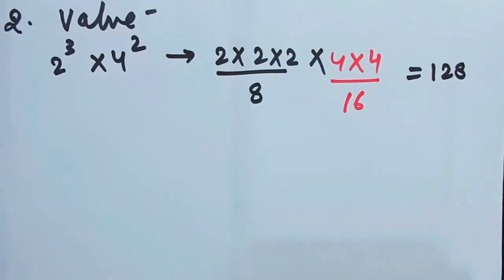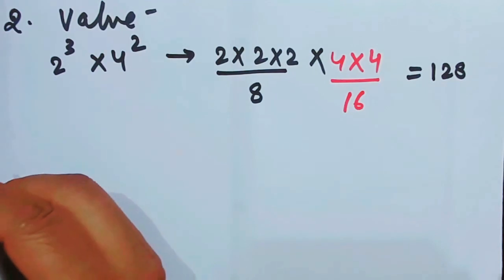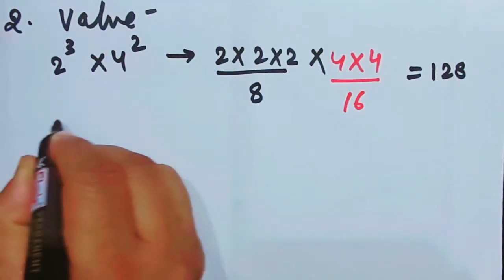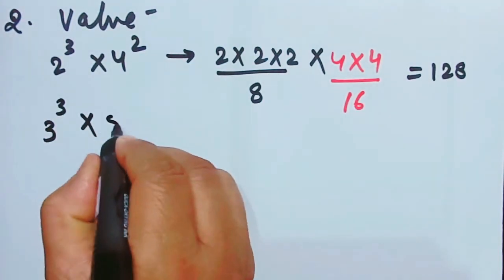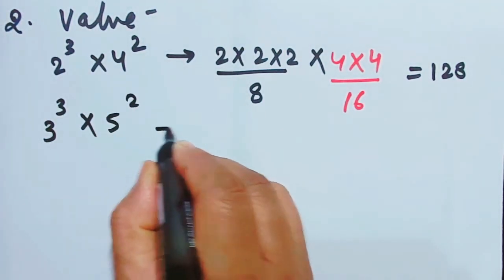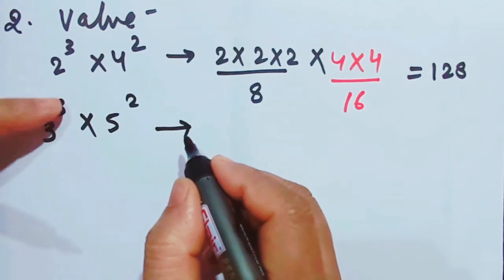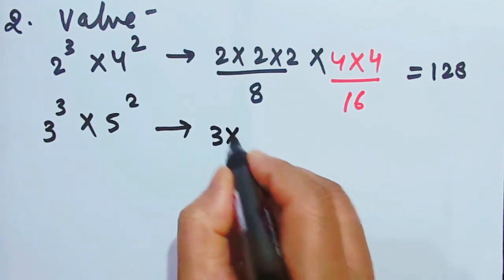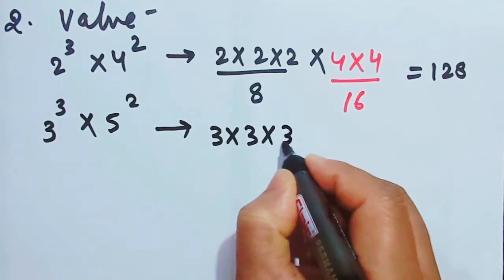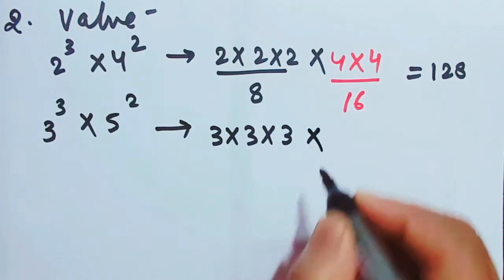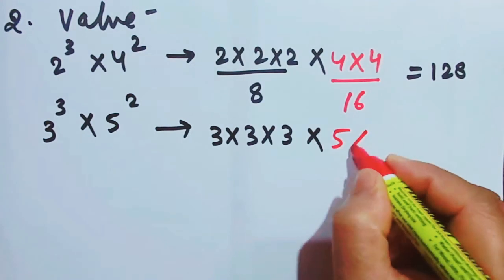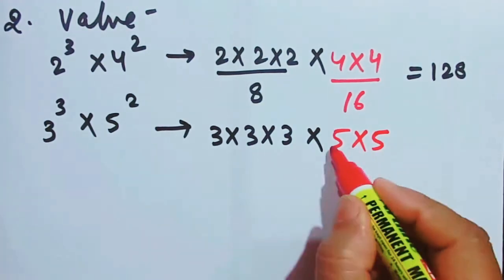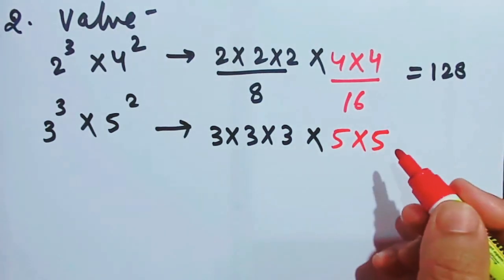Like for example, 3 to the power 3 into 5 to the power 2. This means 3 to the power 3 means 3 times 3 times 3, and 5 to the power 2 means 5 times 5. 5 has been repeated 2 times.